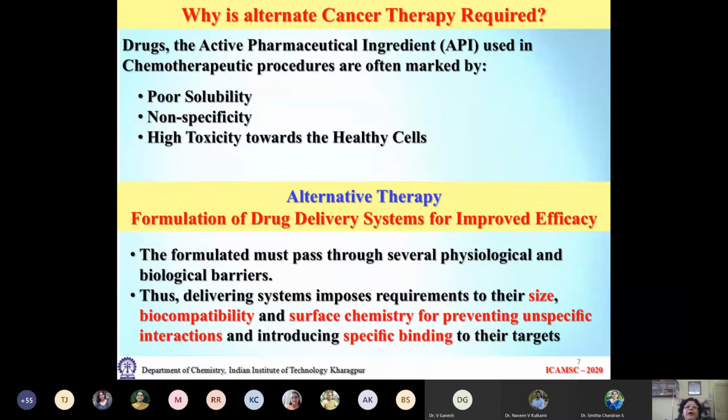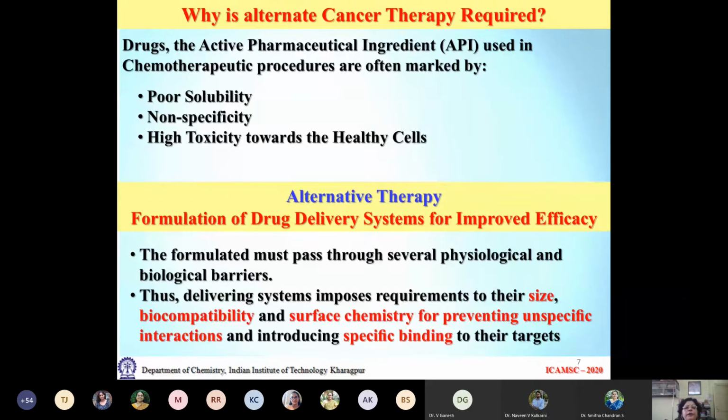So we want to have a better life. If we want to have a better life, we have to improve upon the active pharmaceutical ingredients we are using. And what are these which we are going to be looking into? How to control this?